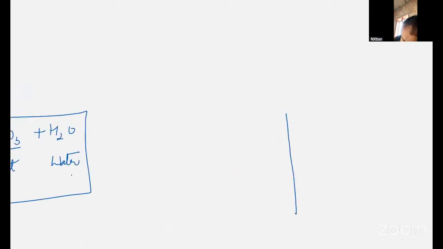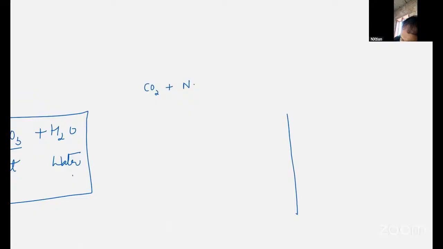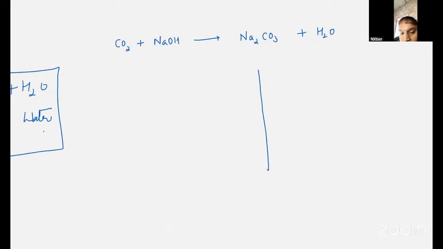Now listen. For example, we have this reaction. I will write again: CO2 plus NaOH will give Na2CO3 plus H2O. Now, this C and O are in one compound.